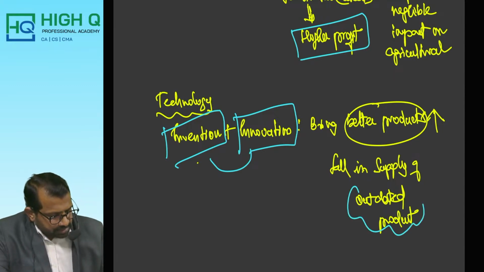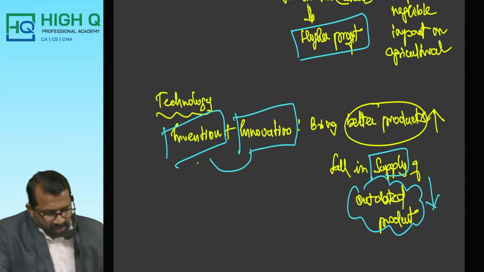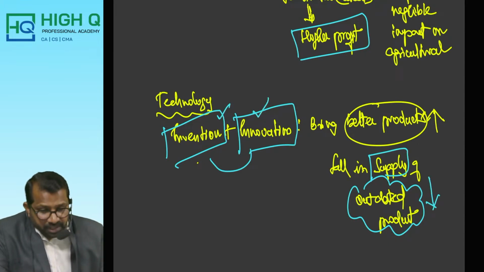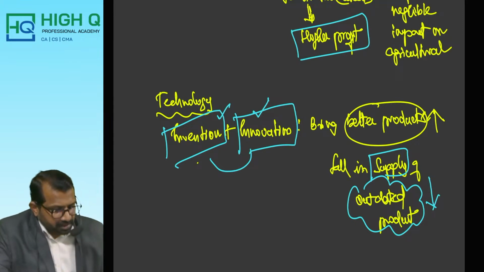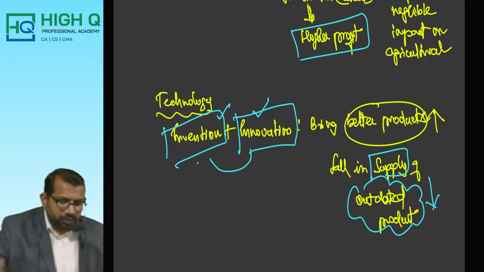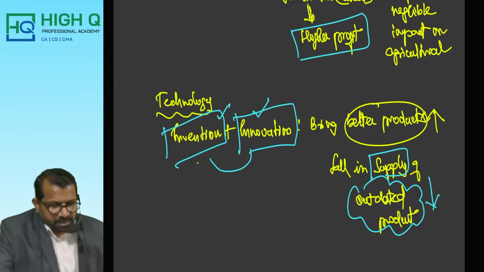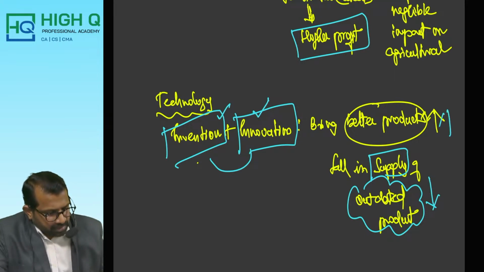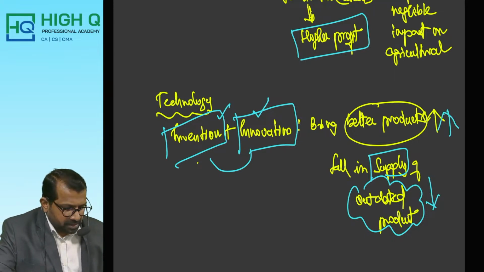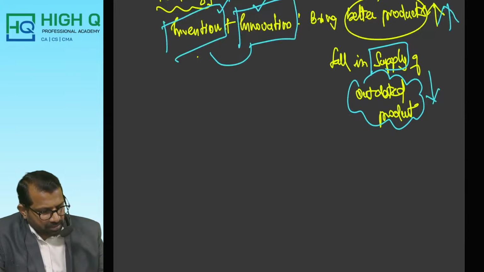Due to invention and innovation, new products enter the market and the supply started to increase. This is called technology.